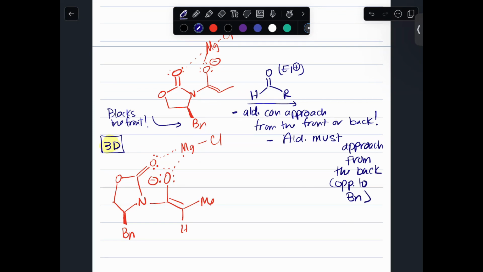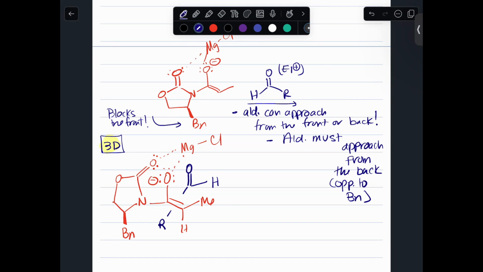Okay. So let me go ahead and draw that. Okay. So I'm drawing my aldehyde coming from the back.